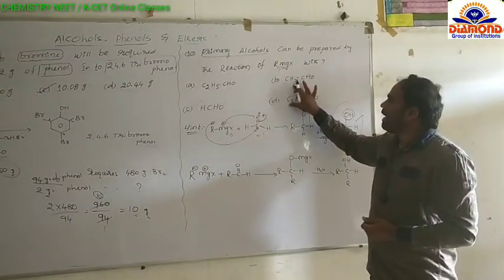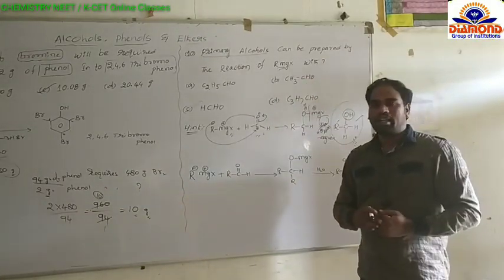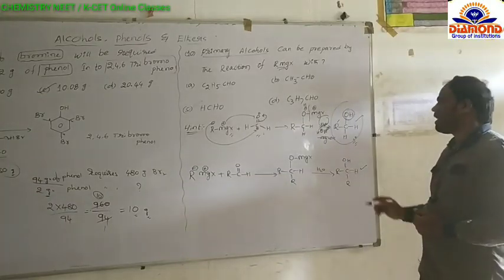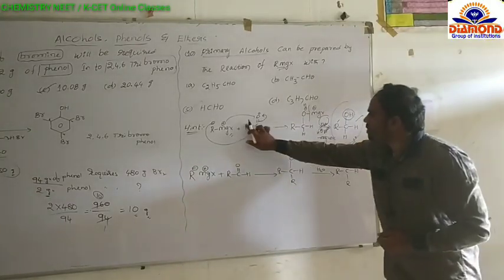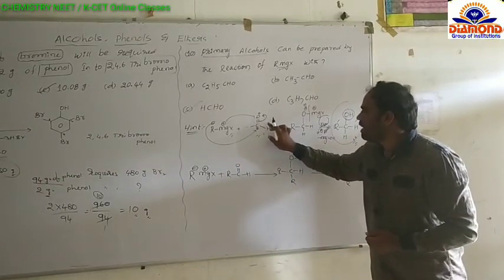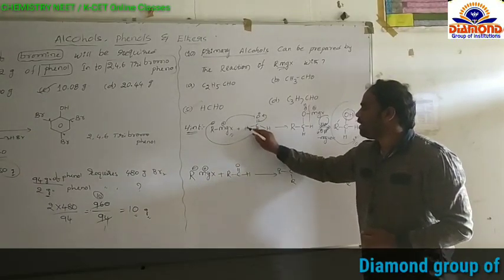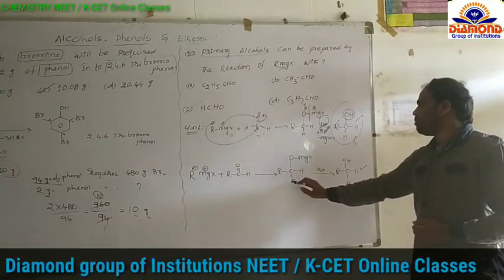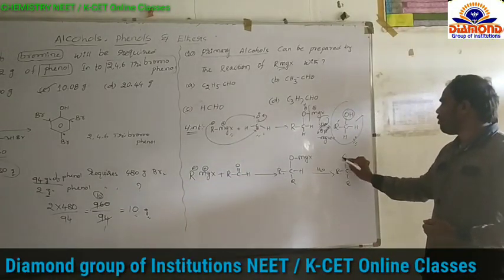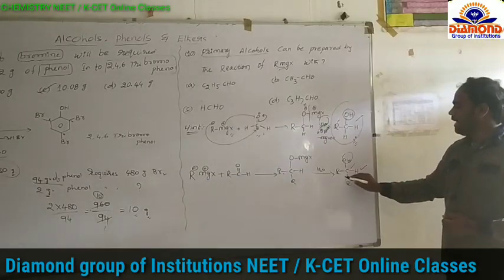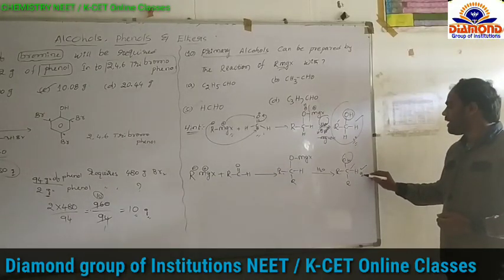When these aldehydes react with the Grignard reagent, they form secondary alcohol because of one hydrogen. In formaldehyde, one hydrogen is substituted with an alkyl group, so there are two alkyl groups. Therefore, the OH containing carbon is directly linked with two alkyls, so it is a secondary alcohol.